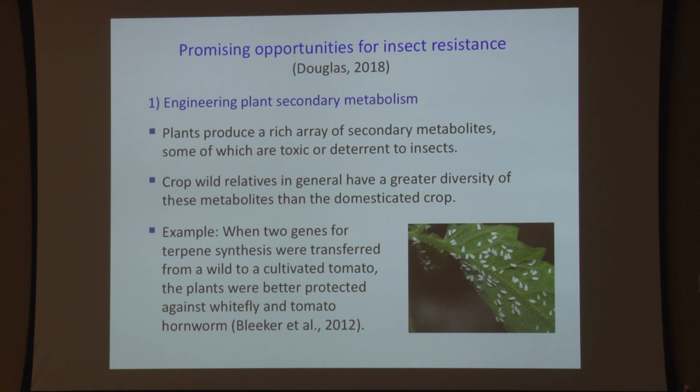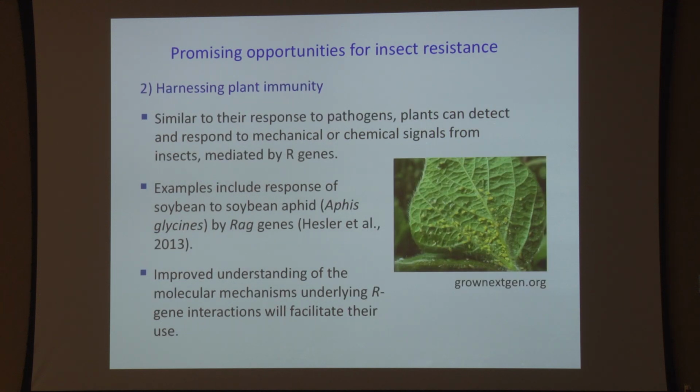One example is 2 genes for terpene synthesis were transferred from a wild to a cultivated tomato and provided protection against whitefly and tomato hornworm. Harnessing plant immunity: just like there are R genes in the plant and pathogen system, there are also R genes involved with insects.